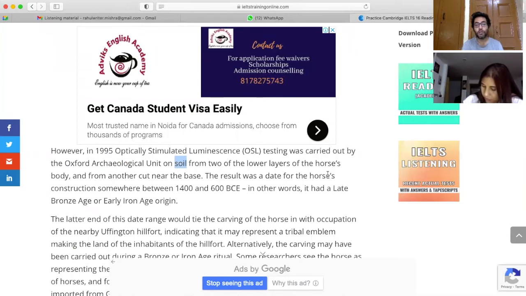Two samples from the lower parts of the horse's body were taken, one cut from its base, and they found that the date of the horse's construction might have been between 1400 and 600 before Christ. So they are still not sure, but this is the nearest margin they have reached. In other words, it might have been from the Bronze Age or from the early Iron Age.